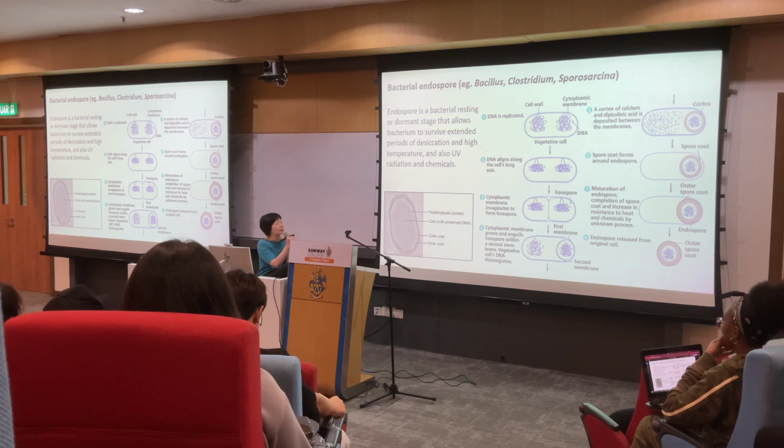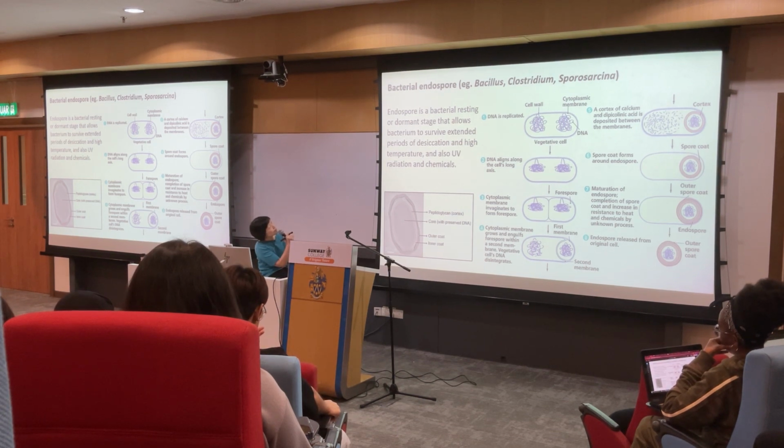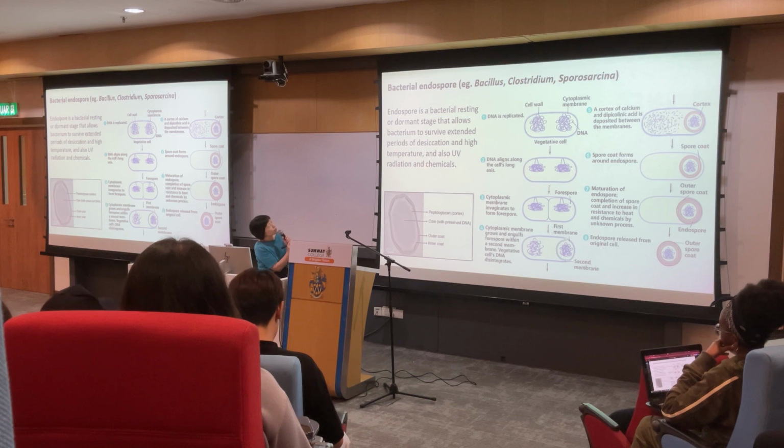They make this to keep the cell alive. And when the time comes, when you have water, nutrient, and the temperature increases, they germinate and become cells again. So that's why they survive in these kinds of conditions: desiccation without water, high temperature, and also UV radiation or chemicals. Chemicals, we can consider antibiotics as a chemical.